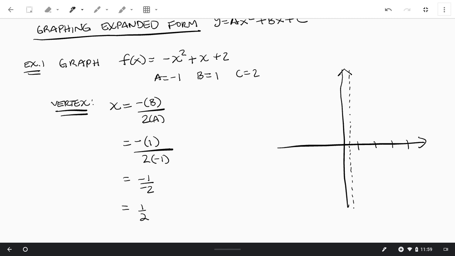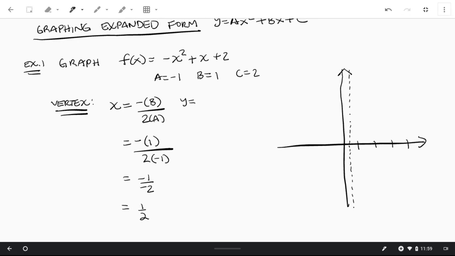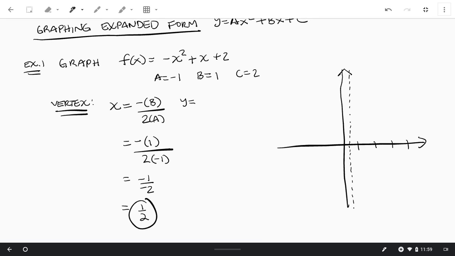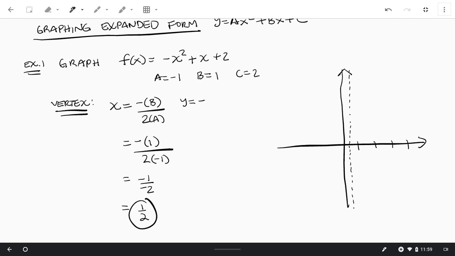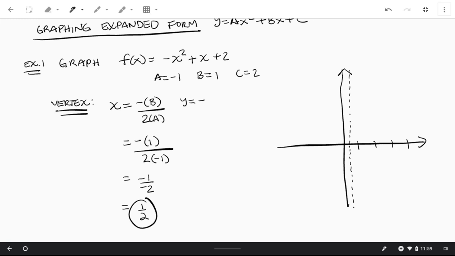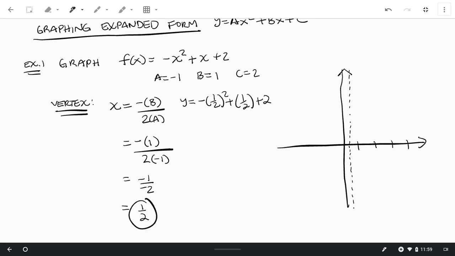I need the rest of my vertex. So let's get the y value. So I get my y value by taking this x value over here and plugging that into the function. So y equals -(1/2) squared plus 1/2 plus 2. Very important to use your parentheses. That way you can keep track of your negative signs.